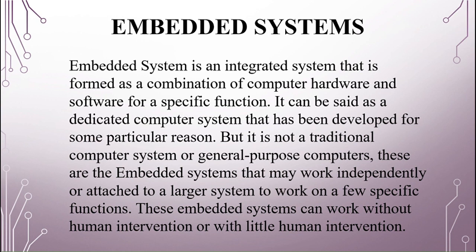Unlike a normal computer, it cannot perform different tasks. Like if it is dedicated only to sensing temperature, it will only do the temperature sensing. It will not do controlling lights. It is not a traditional, general purpose computer, and these systems work with or without human intervention, like whether human interference is required or not, they will work.